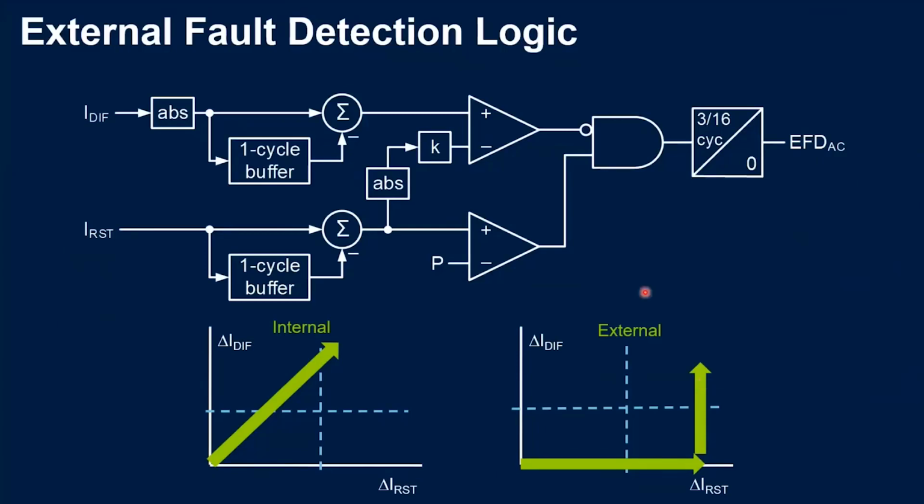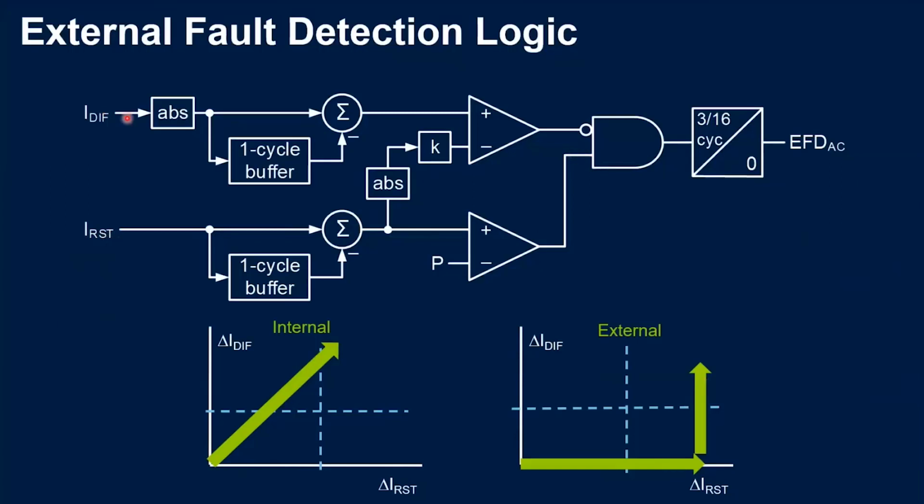But the logic, what it does is that it compares the restraint and the differential current in the present moment in comparison with one cycle before. So what it's seeing is the increase in the restraint and the increase in the differential. So if we have an increase in the restraint current, we'll give a 1 to this AND gate.